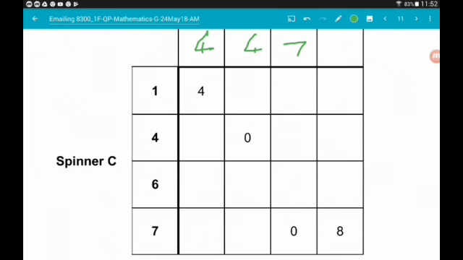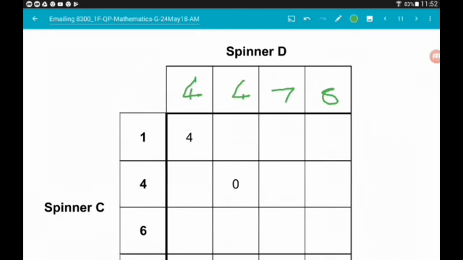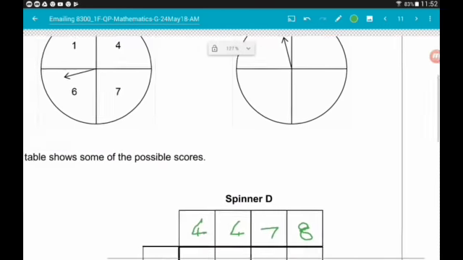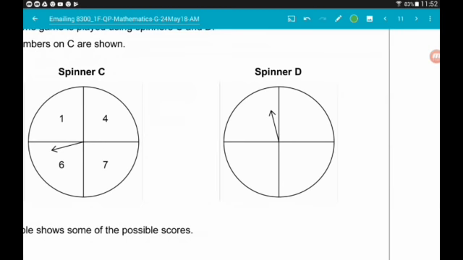And then on spinner C as well, we've scored a 7. We've got a 7 on spinner C, and we've scored an 8. So that means we're going to have an 8 on spinner D. So our missing numbers are 4, 4, 7 and 8. Cool.